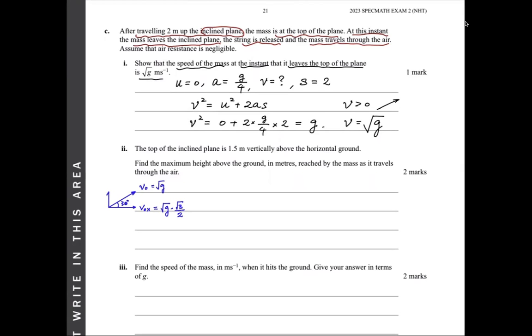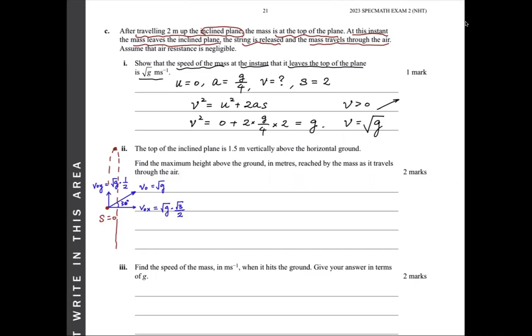And v naught y equals root g times half, okay? To reach the maximum height, now, take the point of release with s equals 0. We are now looking at a vertical projectile motion component, okay?